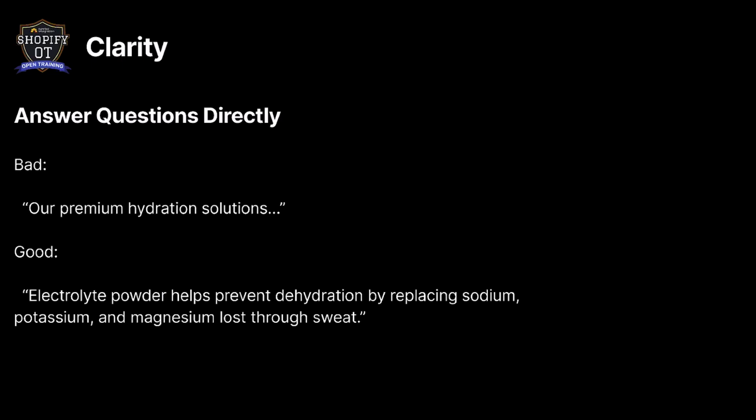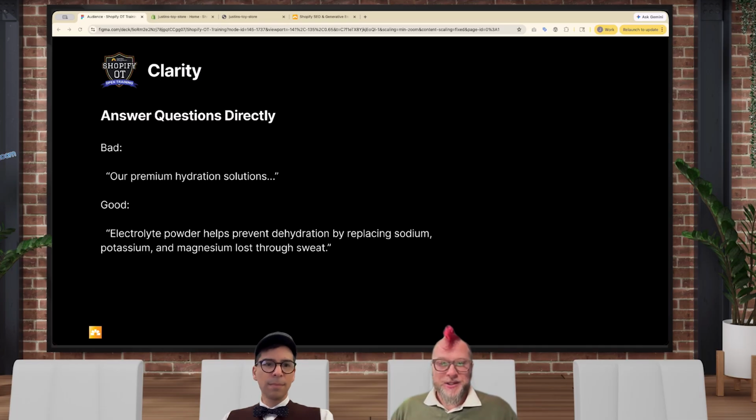Starting with clarity. We need to be able to answer those questions directly. AI prefers clear, factual statements. For example, here's a bad example: our premium hydration solutions. It's a tactic that was previously used with SEO, to flood a lot of keywords into your explanations and your content, to try to target as many keywords as possible.